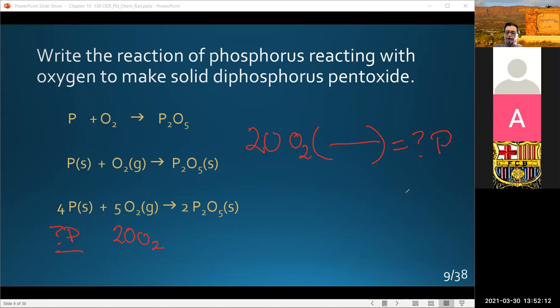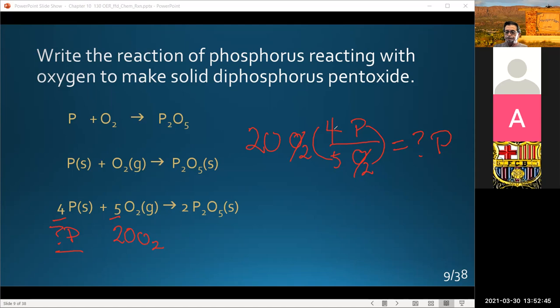Starting with 20 oxygens, we need a relationship between oxygen and phosphorus. I want oxygen in the denominator and phosphorus in the numerator, because I want my oxygens to cancel out when I do the math, unit-wise. So I come back to my balanced chemical equation. I know there are 5 oxygens per 4 phosphorus. That's the ratio.